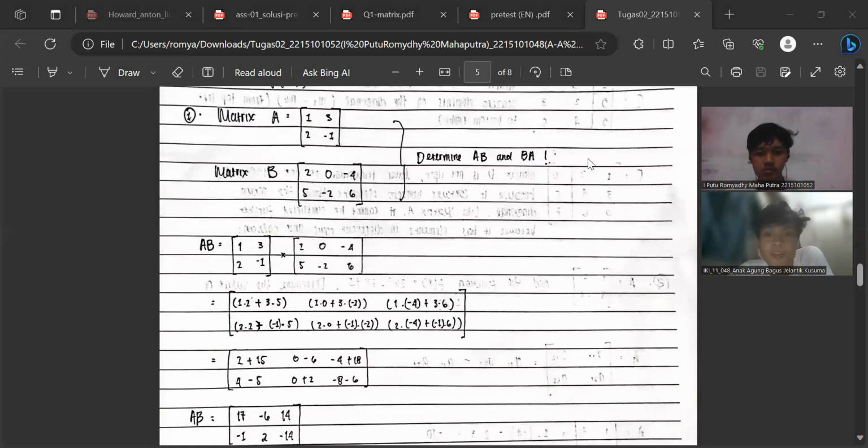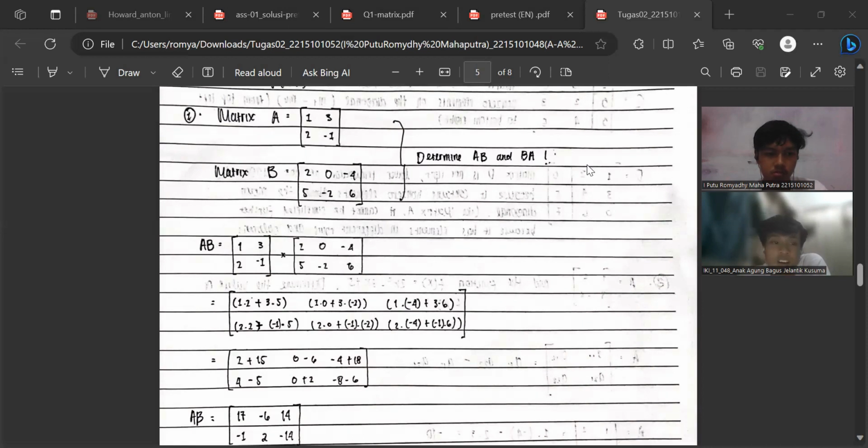The first problem is how we can determine matrix A multiplied by matrix B, and matrix B multiplied by A, where matrix A is 1, 3, 2, minus 1, and matrix B is 2, 0, minus 4, 5, minus 2, and 6.